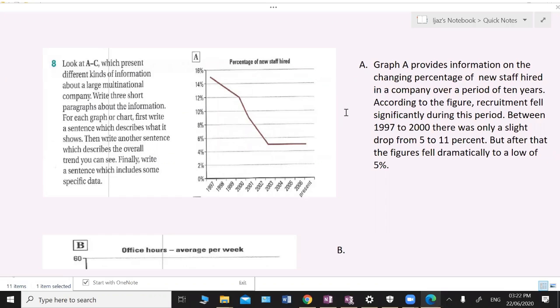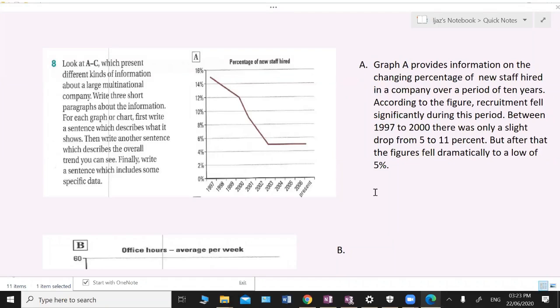And most importantly, the first sentence is you explain what the graph is about. And then you continue writing all the information. And then finally, you write your concluding remarks, something about the graph as a whole, what kind of trend it shows at the end. So this is how you will continue explaining.